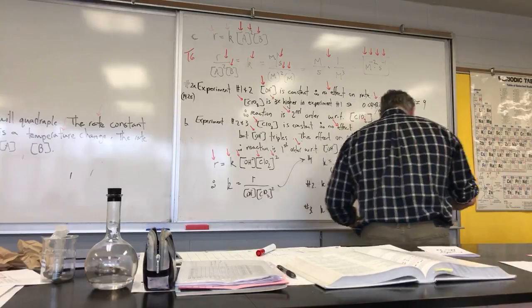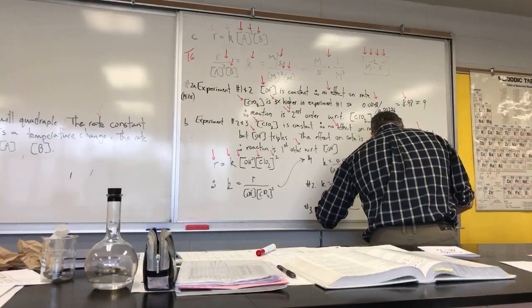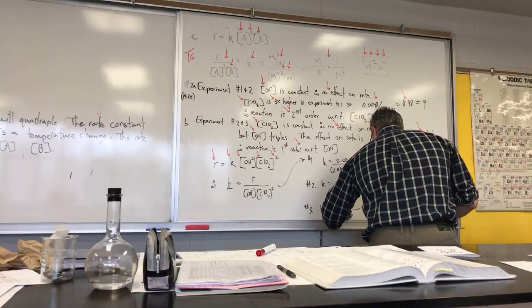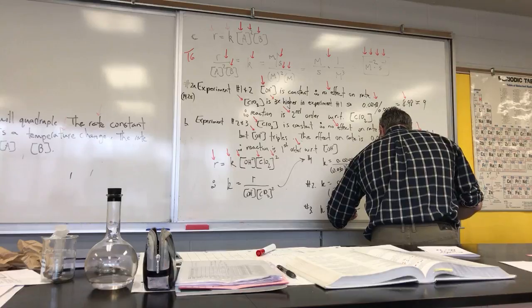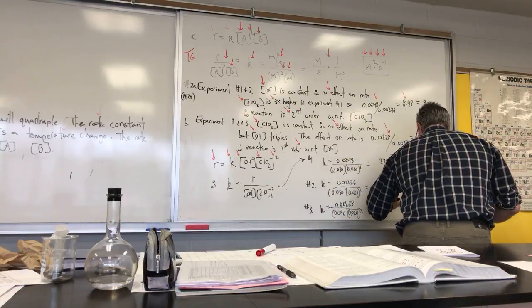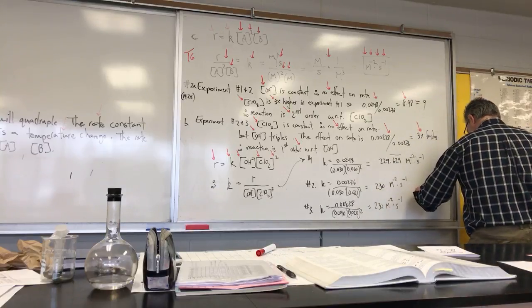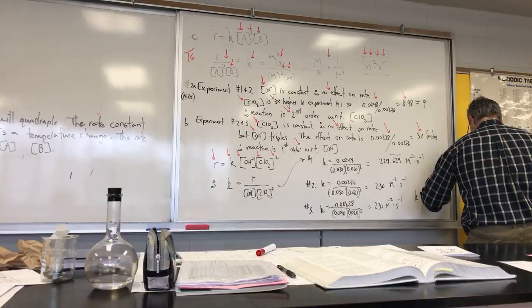And the third one yields the following result. Still get 230. So you were expected to report that to 3 significant figures, and that's what you get.